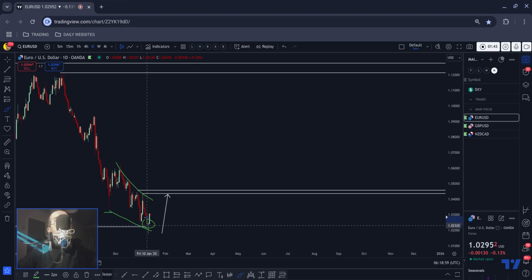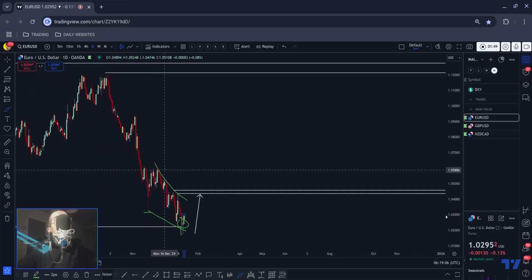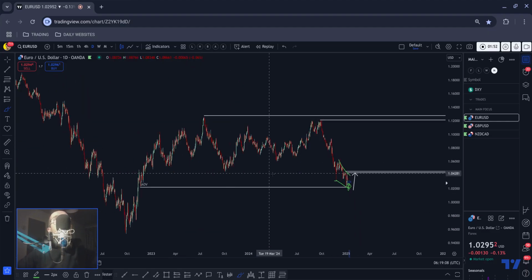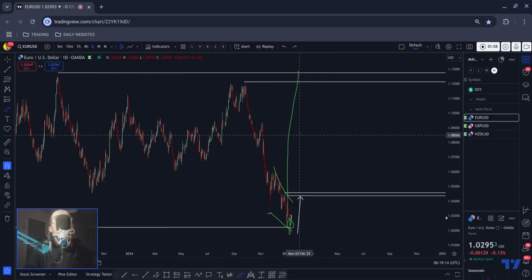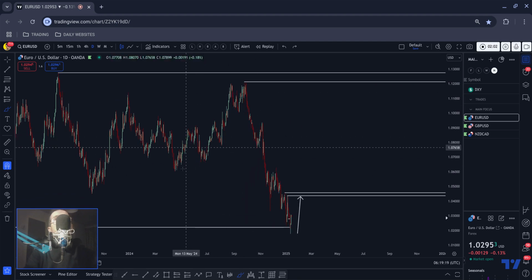So we have the bearish candle, we wick below, and then yesterday's daily close closed above. Now this doesn't necessarily mean that we are coming all the way up to here to take out this high, which this high near missed too. But even in the short term, we can capitalize on a move to the upside.